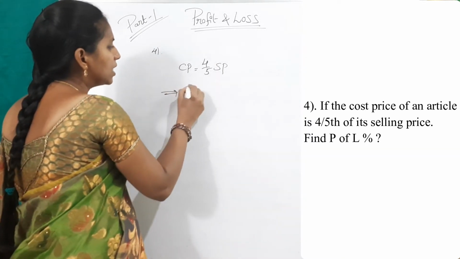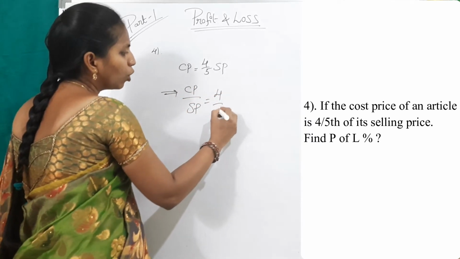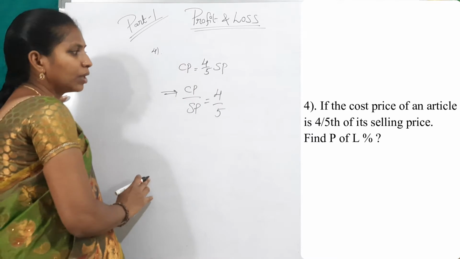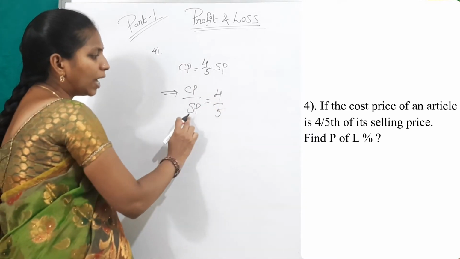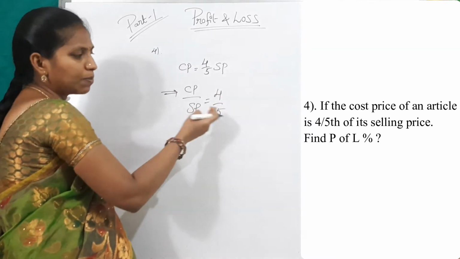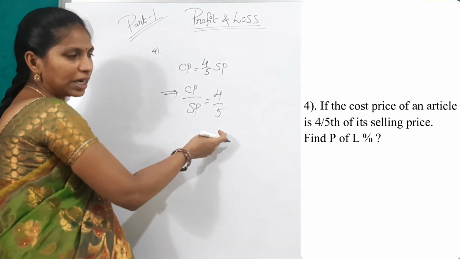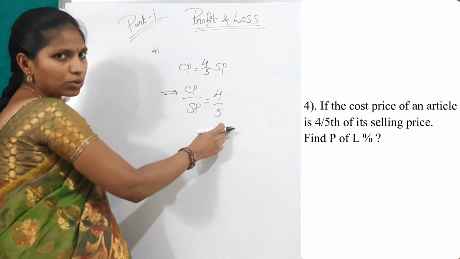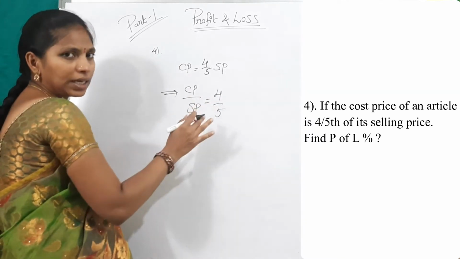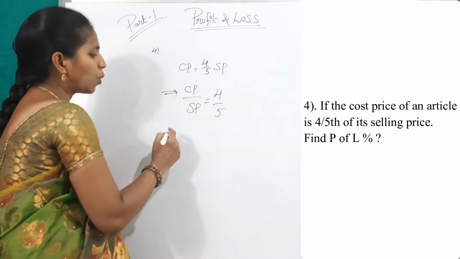Now see, CP by SP equal to what? 4/5. Here CP is 4 and SP is 5. Or CP is 40 and SP is 50. Or CP is 400, SP is 500. 4,000, 5,000. Like that. Take any value.